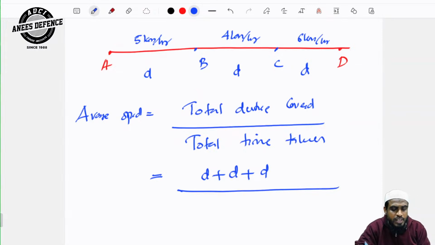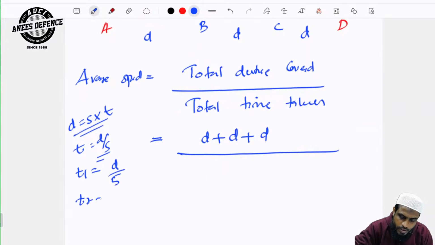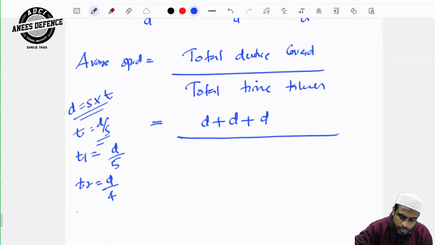Time is distance by speed, because distance is equal to speed into time. Initially, T1 can be written as D by 5, T2 can be written as D by 4, and T3 can be written as D by 6.